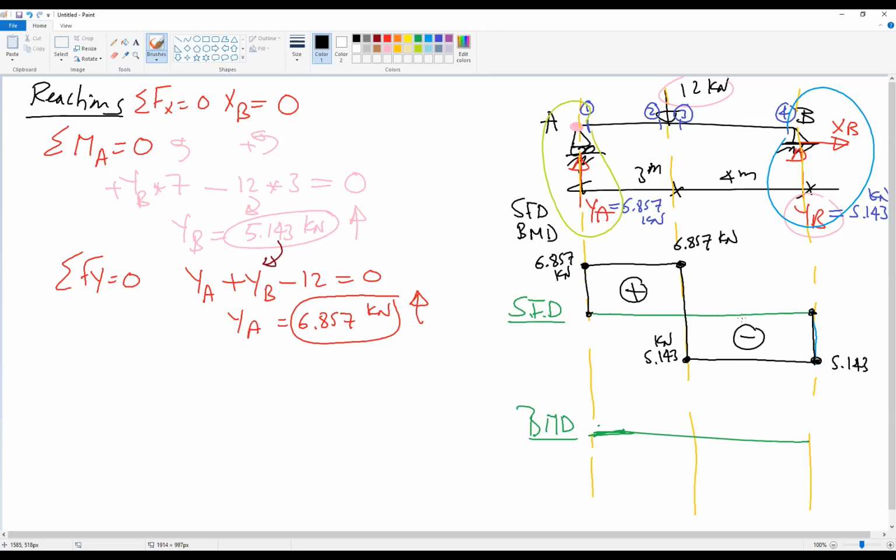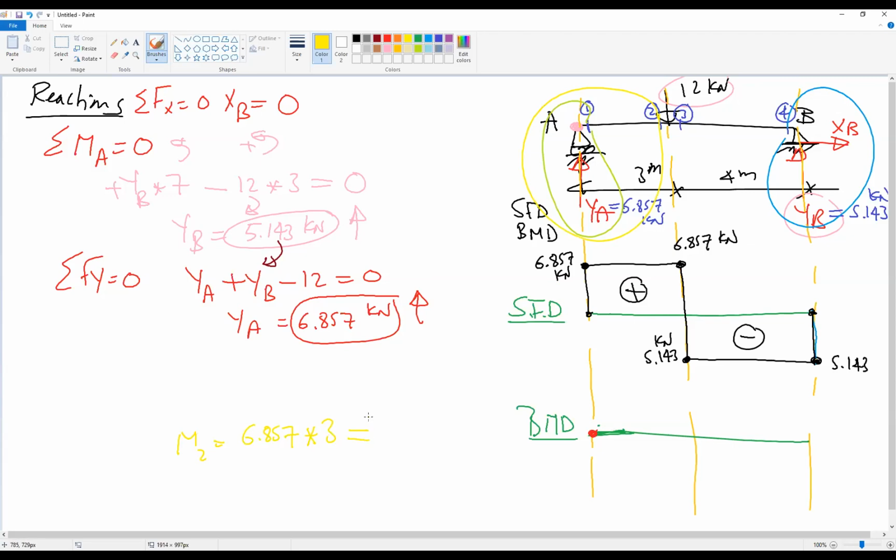For the moment, how can we draw the moment here? The moment at the beginning of the beam is 0. The moment at 2: what causes moment at 2? The reaction. So M at 2 will be the reaction 6.857 multiplied by 3.